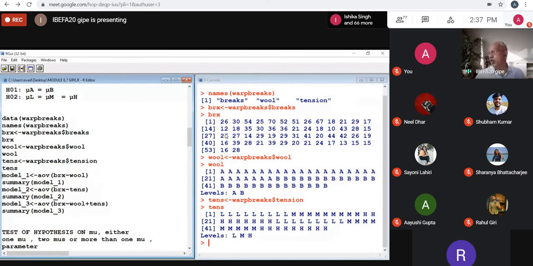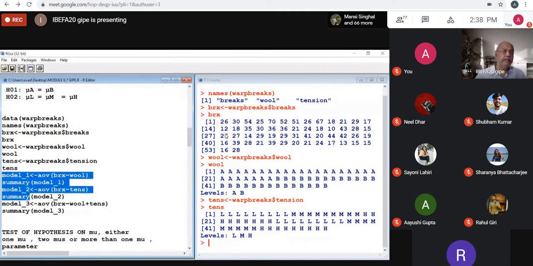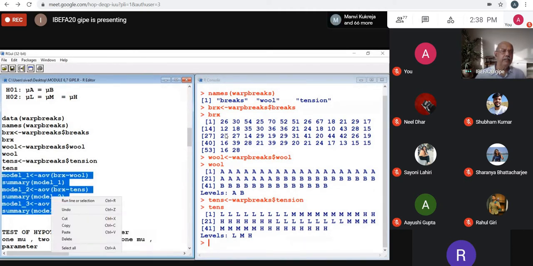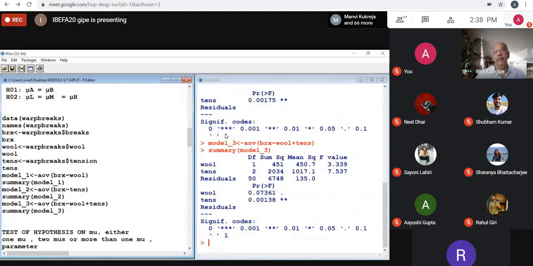Breaking strength numeric, type of wool string, tension level string. Like workers and shift. Represent it accordingly.